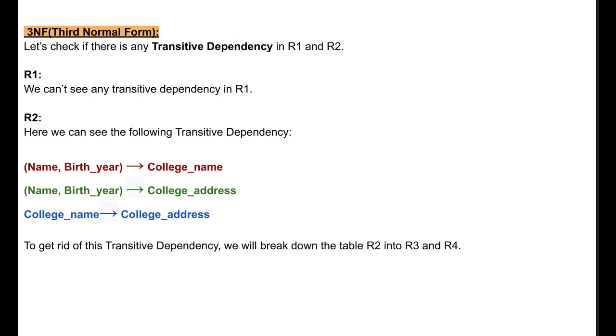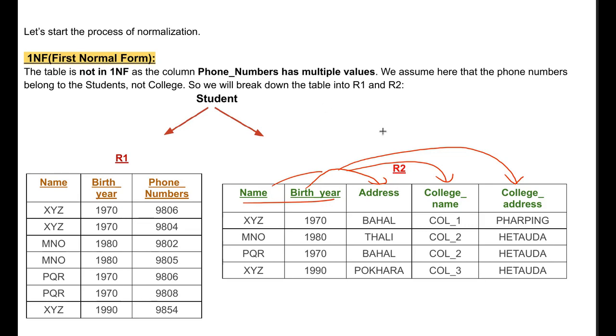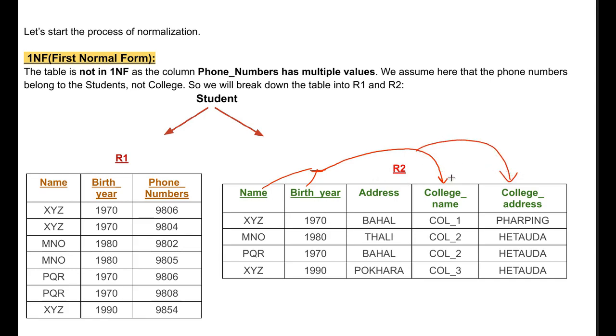Since we kept the table like this, we certainly have transitivity here, because these two attributes are deriving college name, and they are also deriving college address, and college address is also being derived from college name.